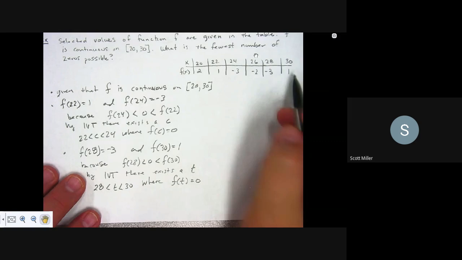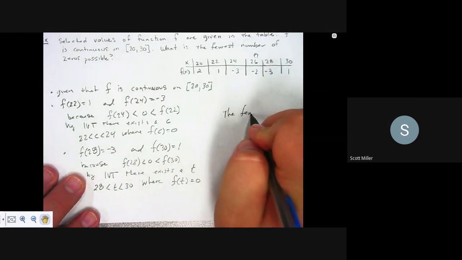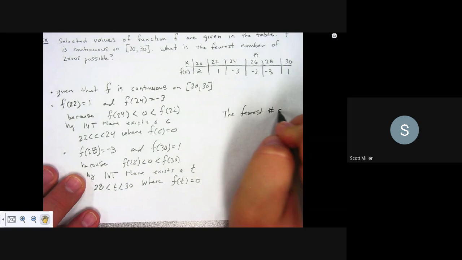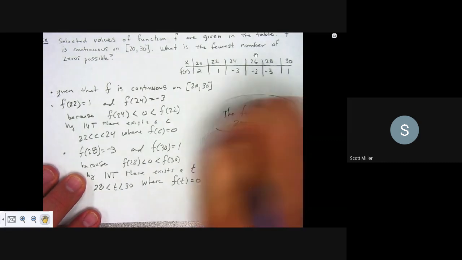So because of those two scenarios right here, I can say the fewest number of zeros is 2.